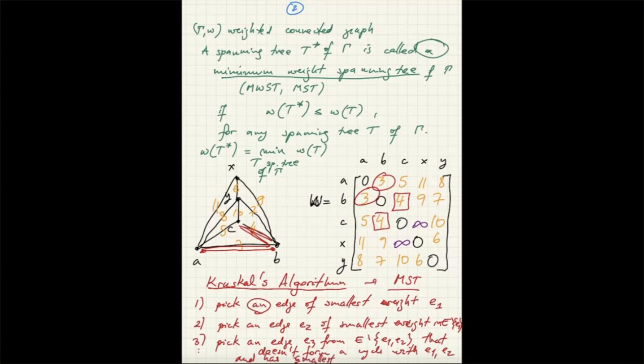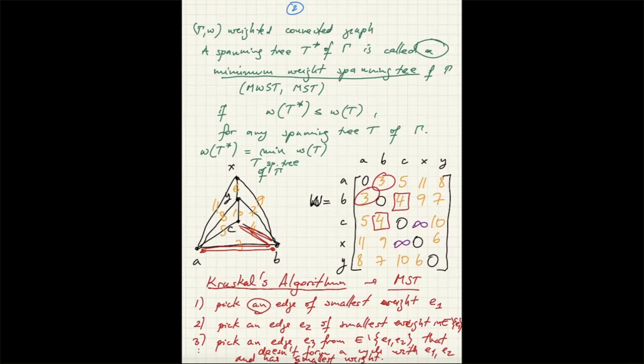This is an example of a greedy algorithm. You do what common sense tells you to do. You pick one edge at a time, you don't create cycles, and you pick the smallest possible weight that you could have.